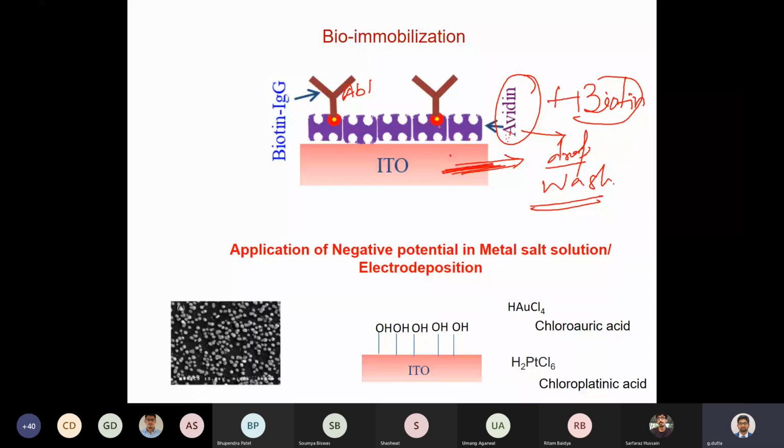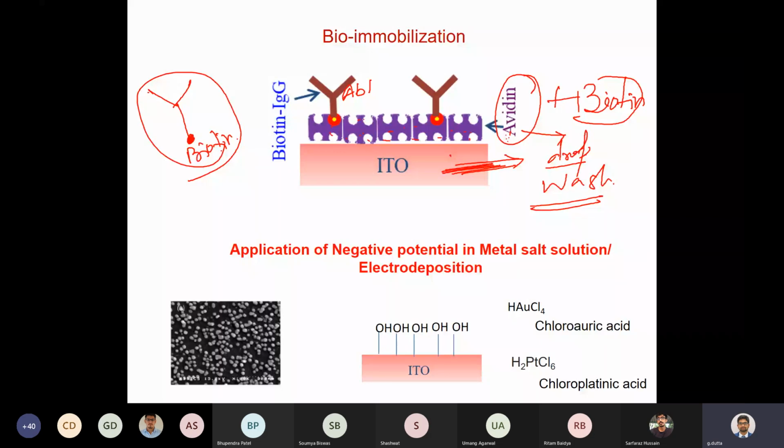So how can we use this avidin biotin conjugation method for immobilizing an antibody on the surface? One antibody can be conjugated with biotin at one end of the antibody. Biotin can be conjugated with antibody, and your surface already contains avidin, right?